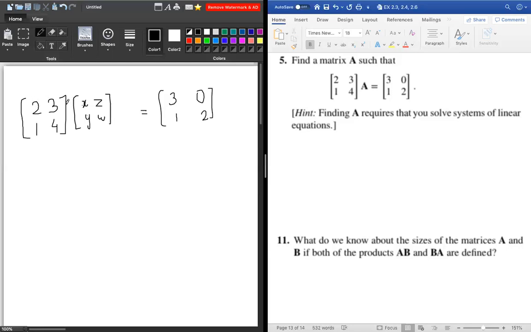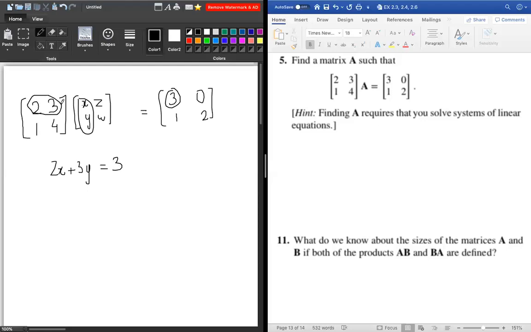So when we multiply this, the 2 over here gets multiplied by this x, so 2x, and we form the linear equations: 2x plus 3y equals 3.